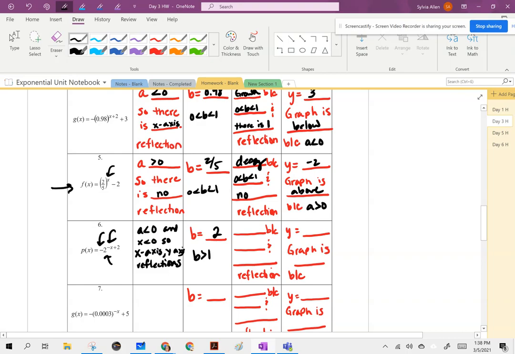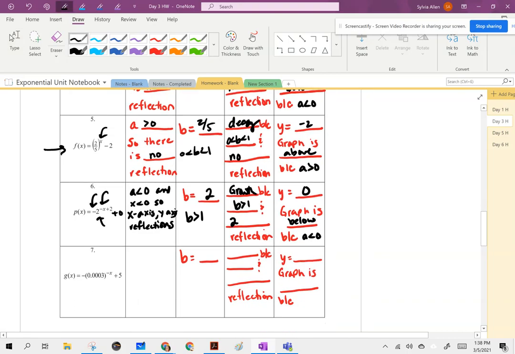So what would that normally be? 2 would normally be a growth. With two reflections, it's still a growth because B is greater than 1 and there are two reflections. Y is equal to 0. It's kind of like that constant; you could put a plus 0. The graph is below the horizontal asymptote because A is less than 0.